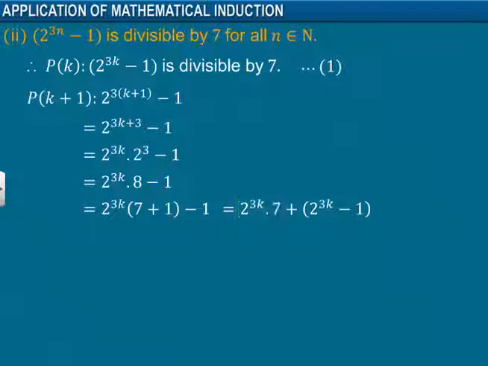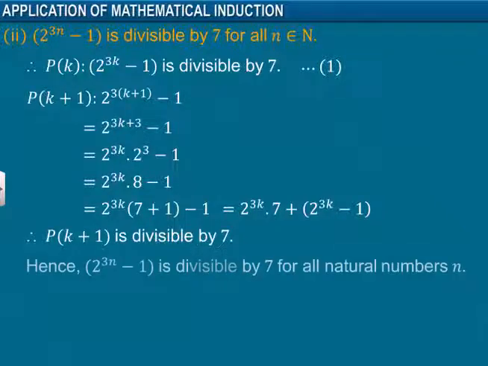And 2 raised to the power 3k minus 1 is divisible by 7 from equation 1. Therefore, the statement is true for n equal to k + 1. Hence, the statement is divisible by 7 for all natural numbers n.